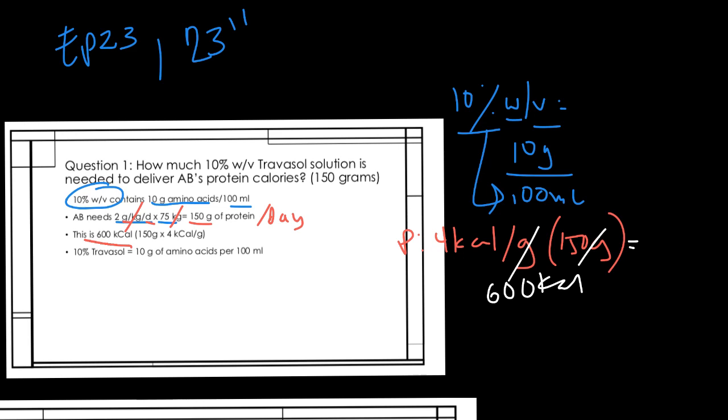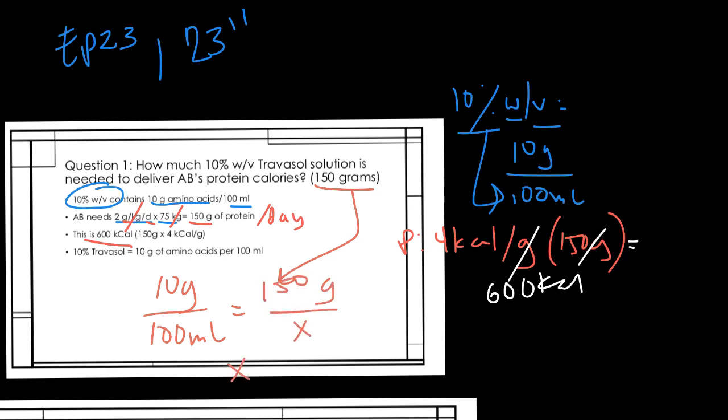So we know that 10 grams per 100 milliliters. Now, what if we have 150 grams? That gives you X, solve for X, and you get 1,500 milliliters of the solution.